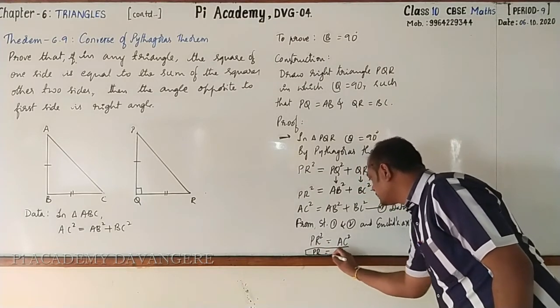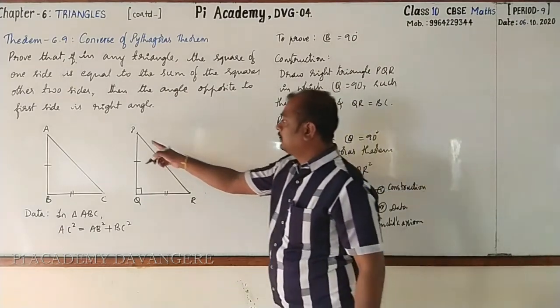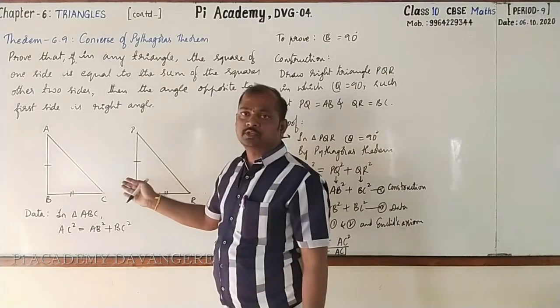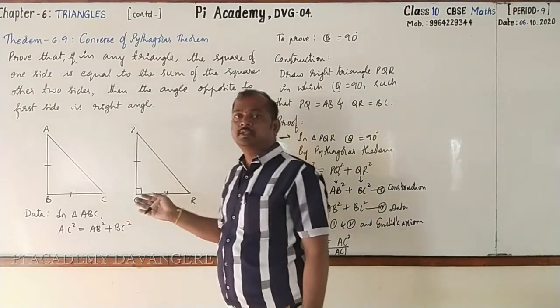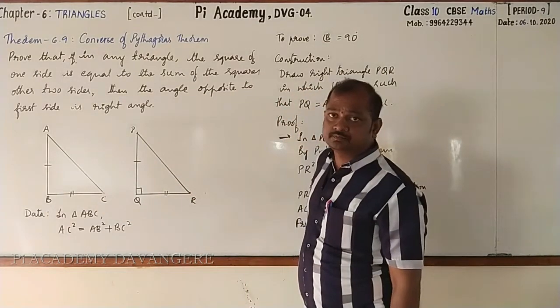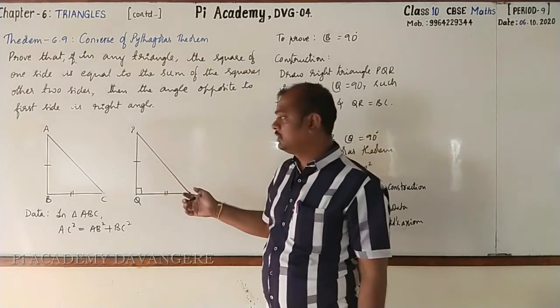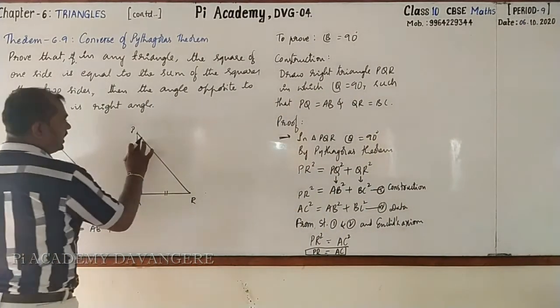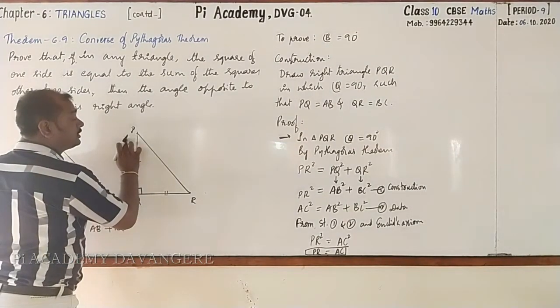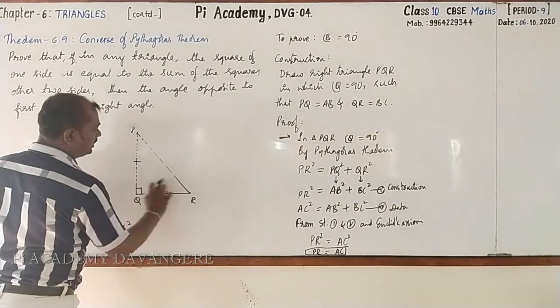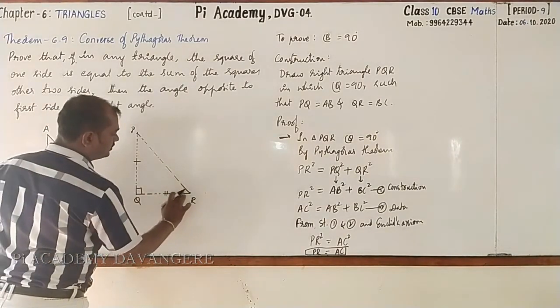See that this part is very important. Now we got PR equal to AC. Observe both the triangles. In both the triangles the corresponding sides are equal, right? And dear students, as this triangle is from construction, hence the sides should be in dotted line.